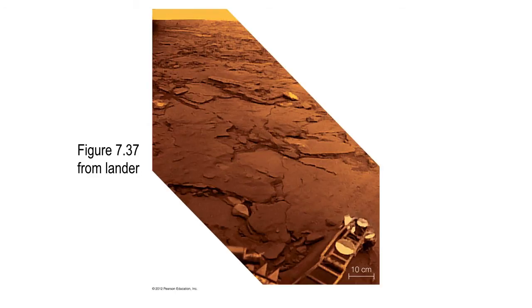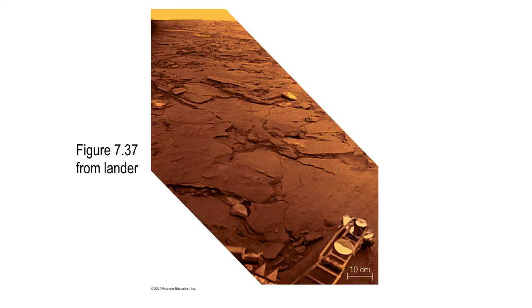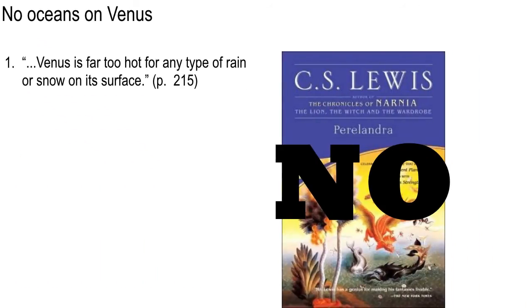There's not going to ever be any case of can we terraform Venus. Maybe we can do a little bit of terraforming of Mars, but getting Venus to be hospitable is just kind of a lost cause.